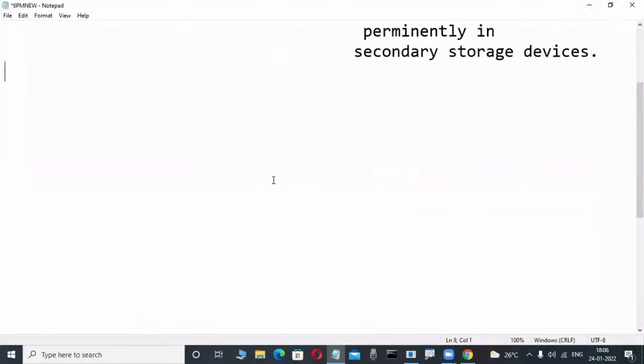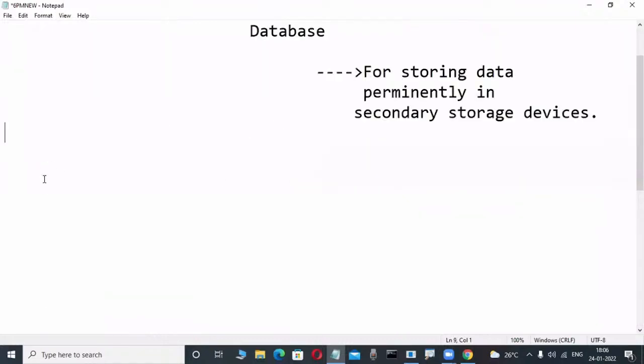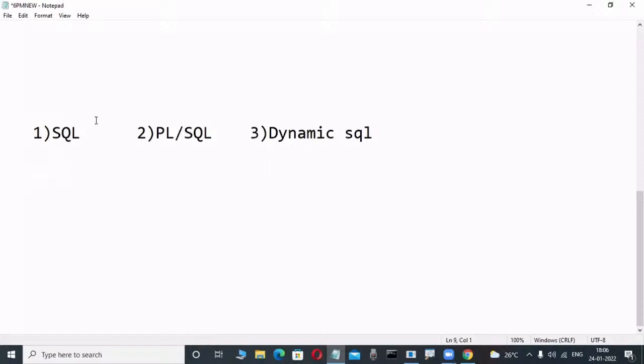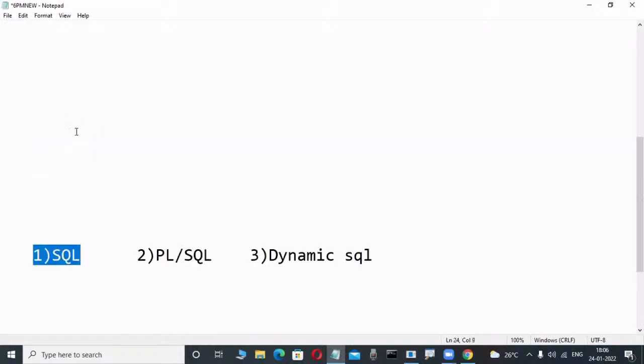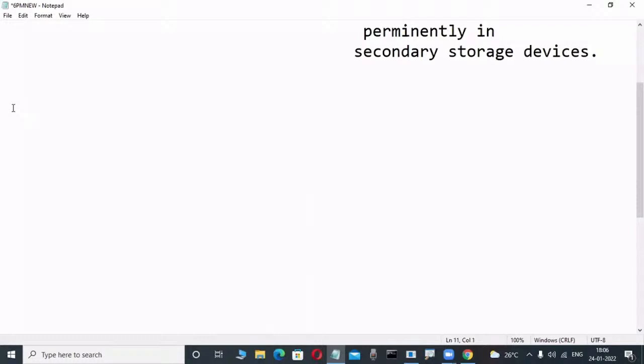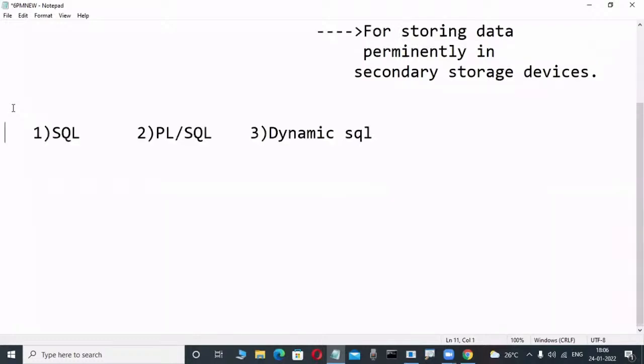Oracle, SQL Server, DB2, Sybase, MySQL, all these databases are implemented based on the relational data model concept. For operating these products we use SQL. But for the Oracle database product, we use three languages: one is SQL, another is PL/SQL, another is dynamic SQL. Up to this, we learned in previous classes.